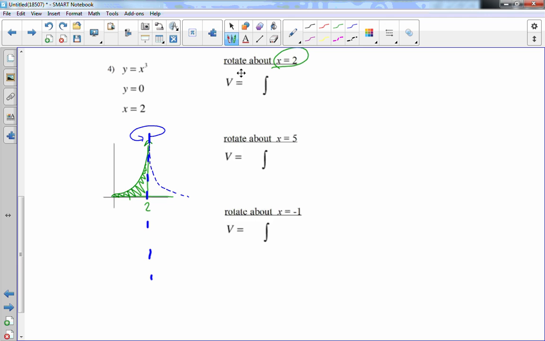Now each cross section this time is going horizontally, right? So this one's with respect to y. So circles, is this going to be a washer or a disc? This is like a frisbee with no holes. Washer has a hole, like a donut. So it's a disc, so a little easier.